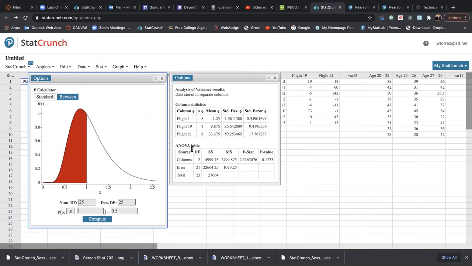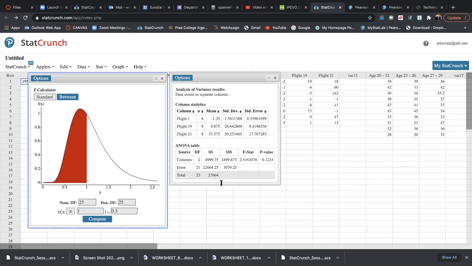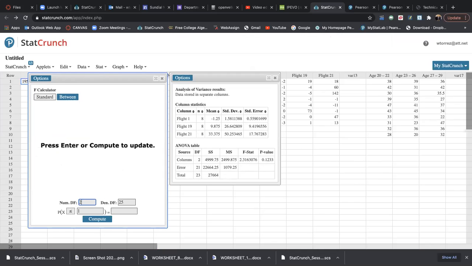Okay. And notice that your degrees of freedom for the numerator and the denominator are given here using the formulas that we used in the previous two problems. K minus 1 is 2, and K times n minus 1 is 21. So we have our degrees of freedom as 2 in the numerator, 21 in the denominator.